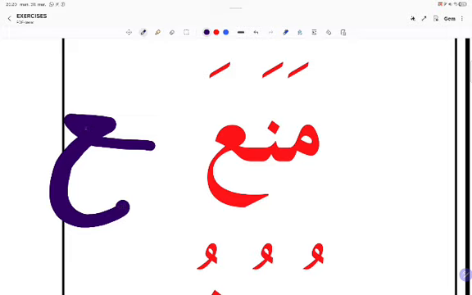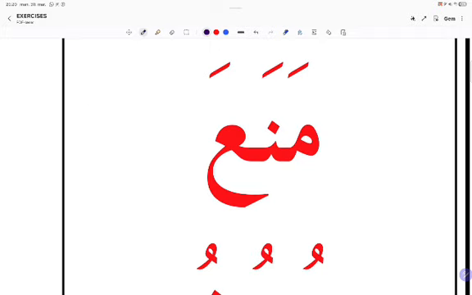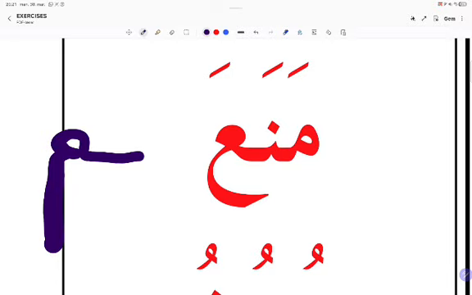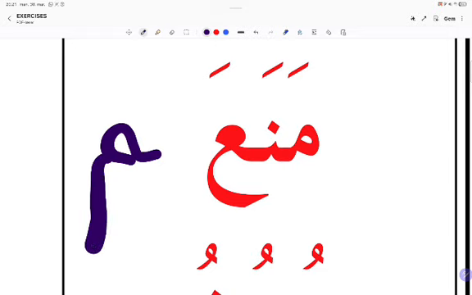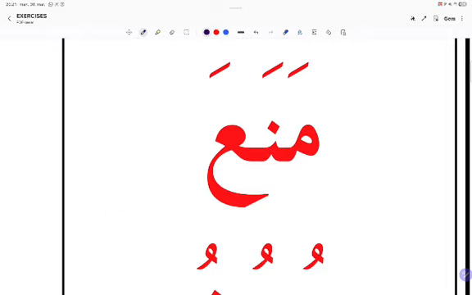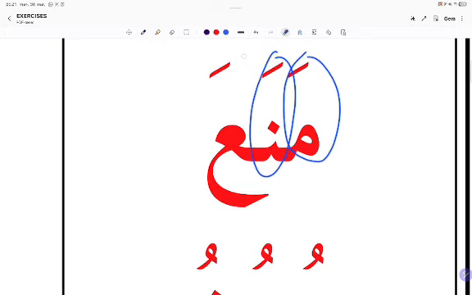But if it was a meem, it would have a rounder head and it would go down like this, not a round stomach like ain or ghain or kha. Ain, fatha, a. So we say ma, na, a. Good. Mana'a.